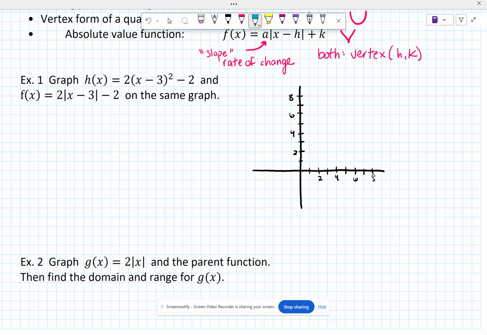So let's go ahead, and I think I'm going to do my parabola in purple and my absolute value in red.